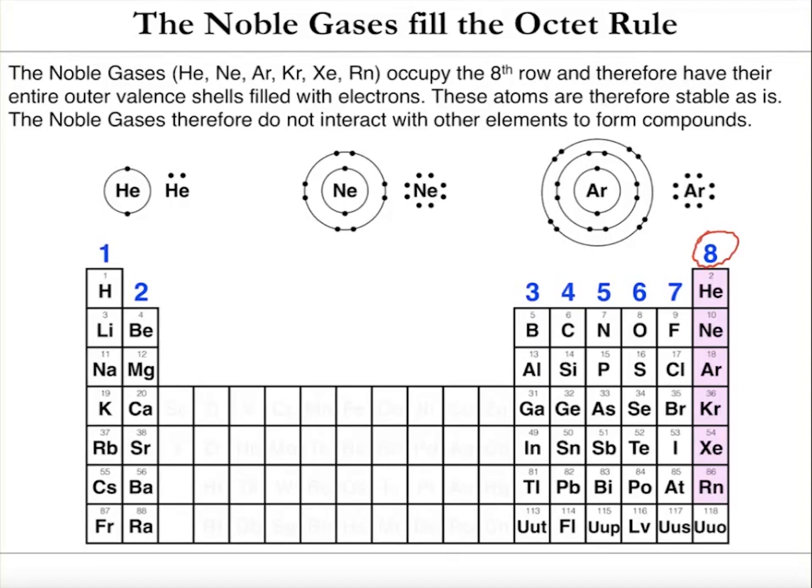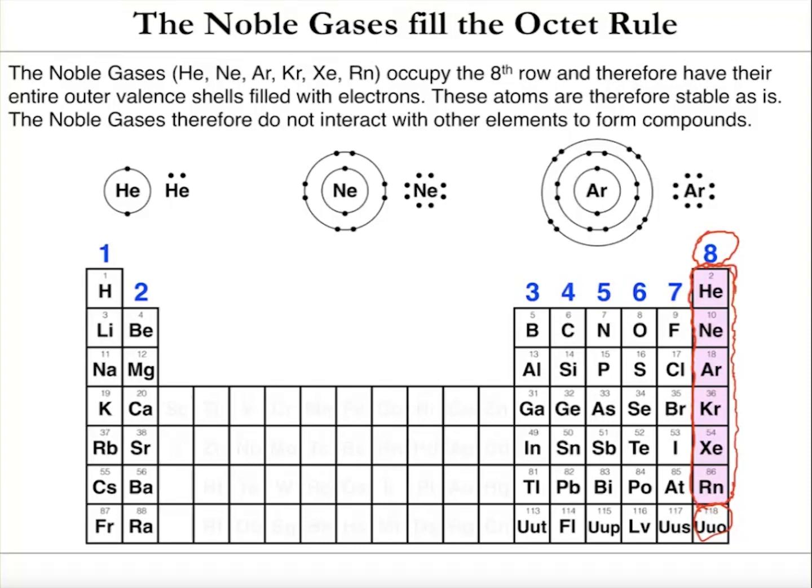These atoms right here, helium, neon, argon, krypton, xenon, and radon, and we'll just ignore this larger one because it probably has a different name than what's listed here, are called the noble gases. They're called the noble gases because they're already stable. They already fulfill that octet rule just by existing as single atoms. So they're noble gases because they don't really interact with any other atoms. They're very stable already the way they are.